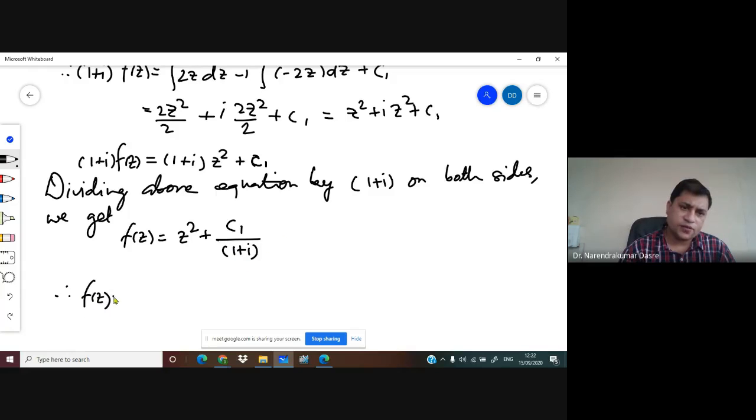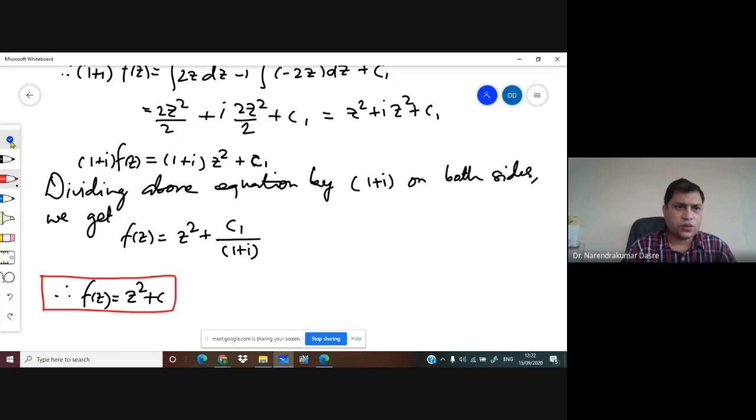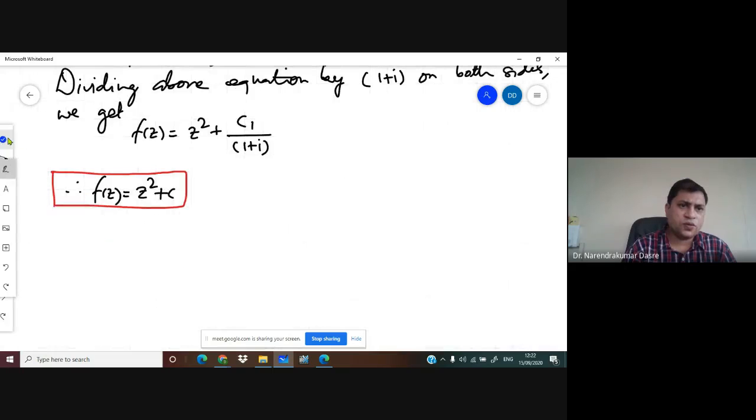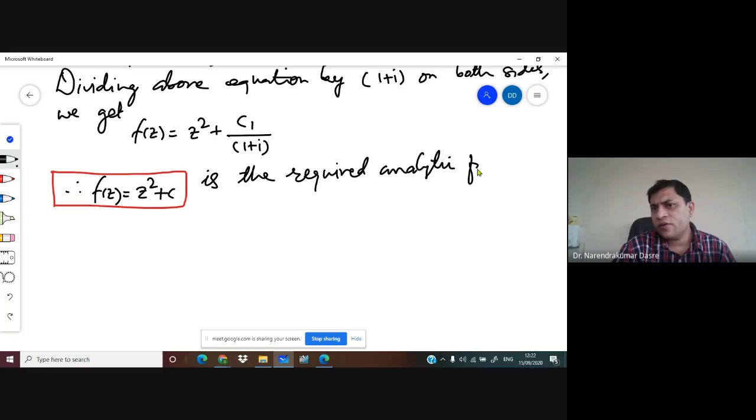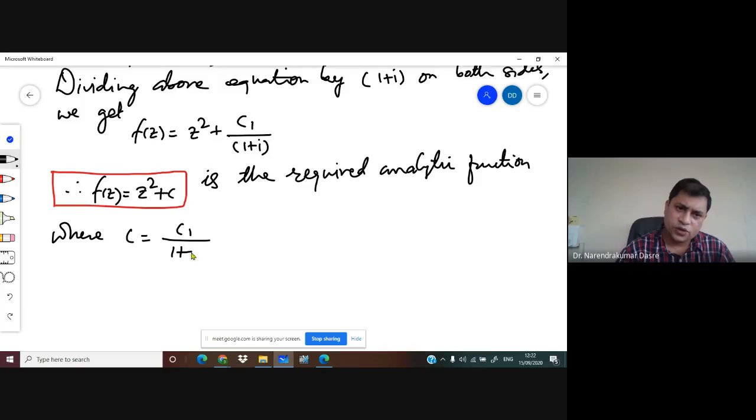So we can write f of z is equal to z square plus c, which is the required analytic function, where c is equal to c1 upon 1 plus i.